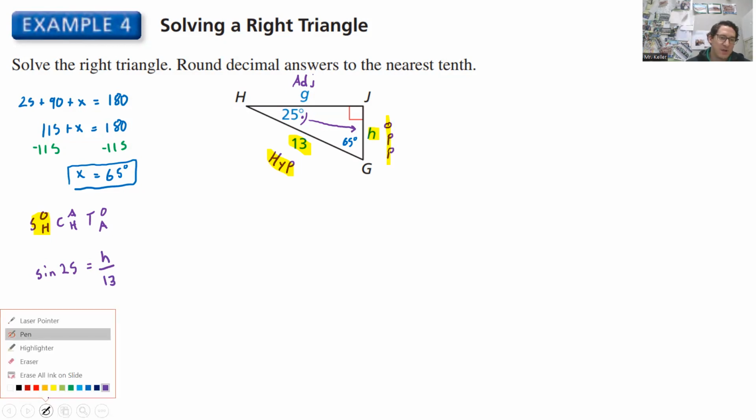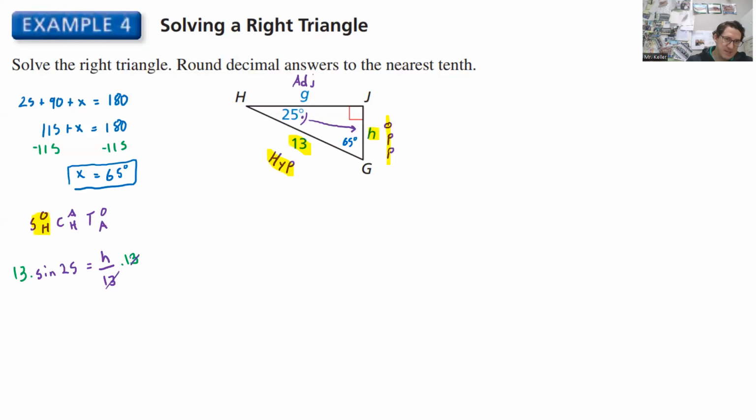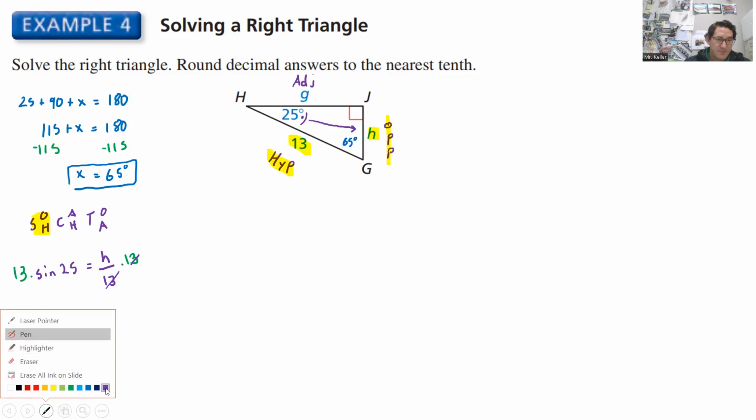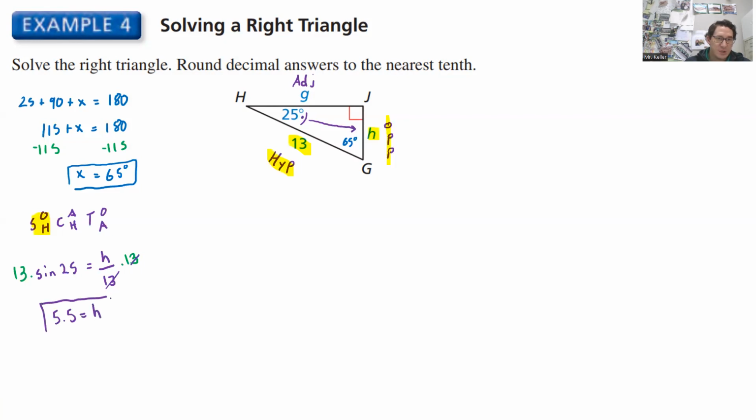Solve this real quick. All I need to do is multiply both sides by 13. So 13 times the sine of 25 is 5.5, rounding to the nearest tenth. So 5.5 is equal to H.